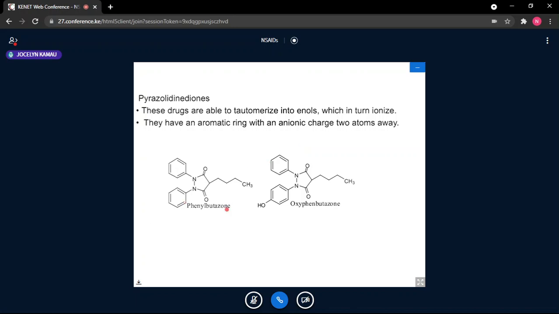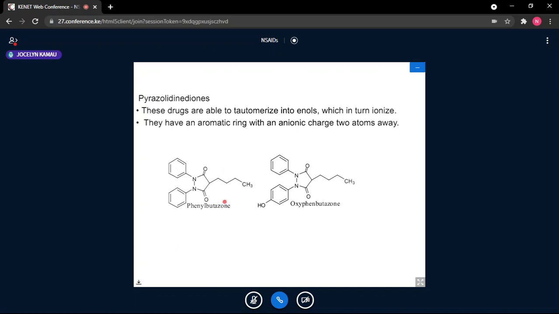So we have phenylbutazone, and then you have oxyphenbutazone. Oxyphenbutazone is a metabolite of phenylbutazone, in that phenylbutazone has undergone oxidative hydroxylation at the para position. Both drugs are available in the market.